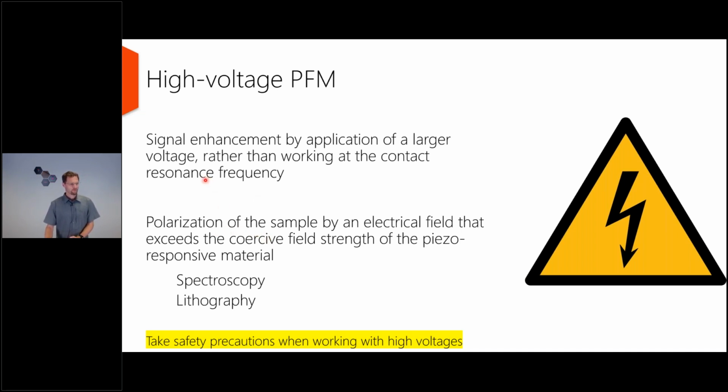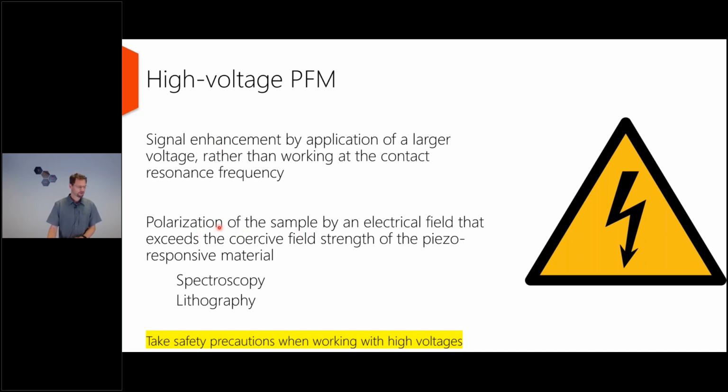Another application of a higher voltage is often you want to polarize your sample by an electrical field. So you might well be able to see the polarization with a 5-volt amplitude and detect your PFM response, but sometimes you want to either polarize or repolarize your sample, and for that you might need a larger electrical field than what you can get with the plus minus 10 volts from the AFM.